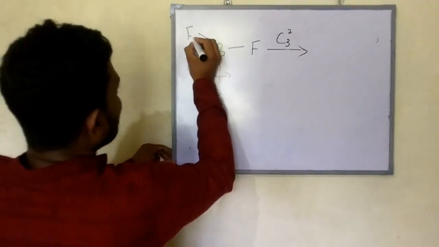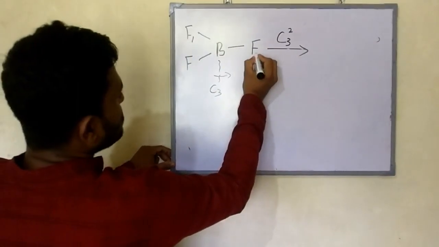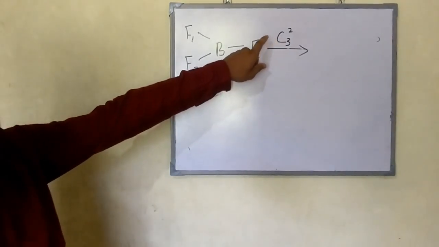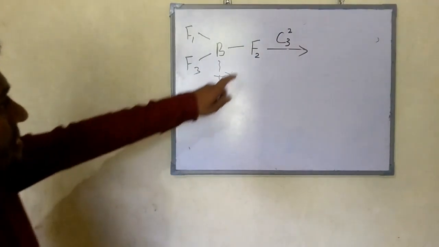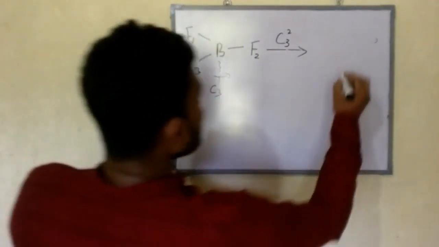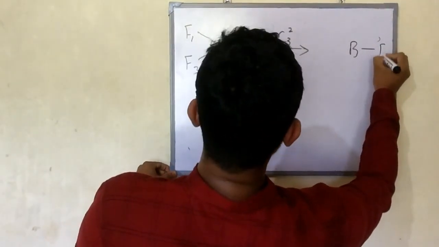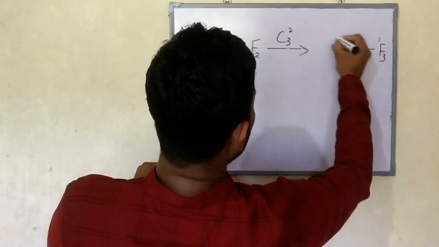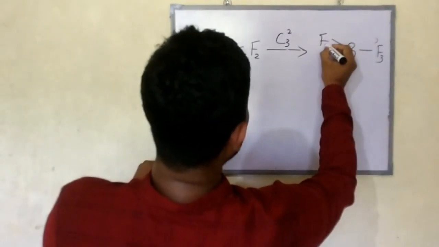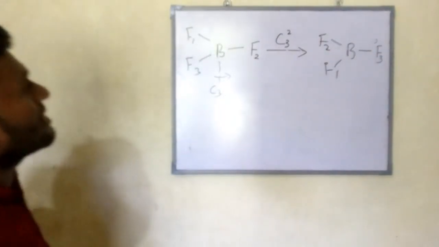And if we number like this 1, 2, 3, and you want to rotate by 240, that means this F3 will go there. So your resultant one will be here F3, then this is F2 and this is F1.